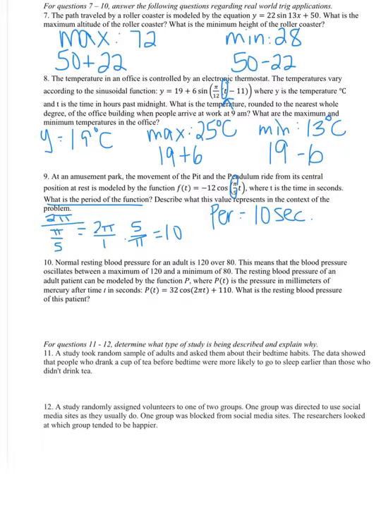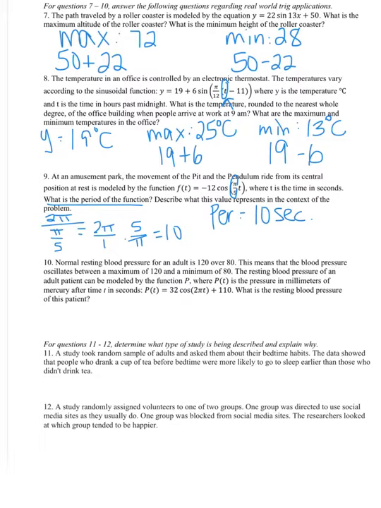So describe what this value represents in the context. When you answer this, you have to say, if you are at the bottom of the ride, or if you're at the lowest point of the ride, it'll take you 10 seconds before you get to the lowest point again. So you have to actually write that out.